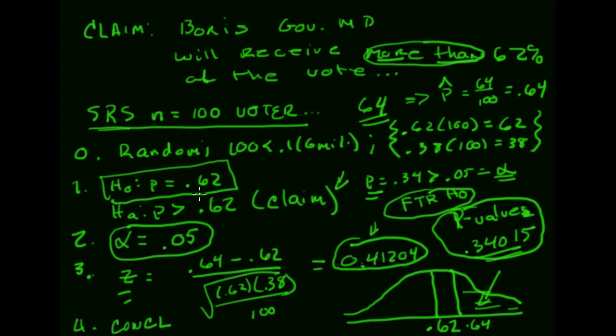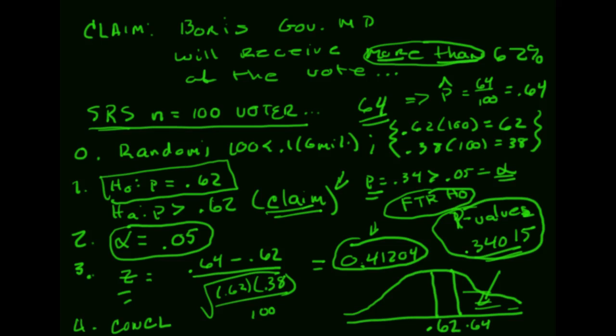So think about what that's saying. If I had evidence to say that the null was not true, I could support my claim. But if I don't have enough evidence to say that the null is not true, so the null could be true, I'm not saying I have enough evidence to say that the proportion is 0.62. I'm saying that it could be true. Then it is possible that my claim is false. So I do not have enough evidence to support my claim.